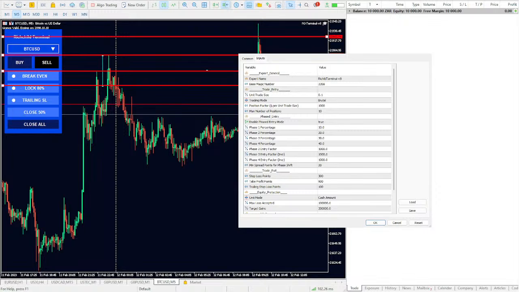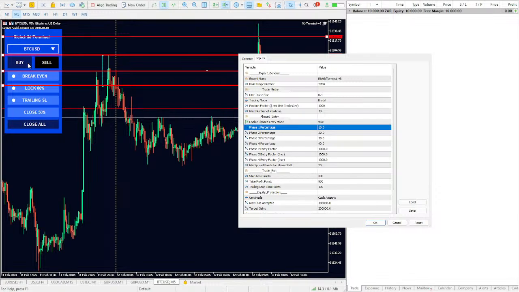So if we come to the settings here, you realize that first entry is at true. Phase 1 percentage means when you click the buy button, or when you click the sell button, in this case here, it's going to open 10% of your trades. So here, remember, we're opening maximum number of positions, 10.